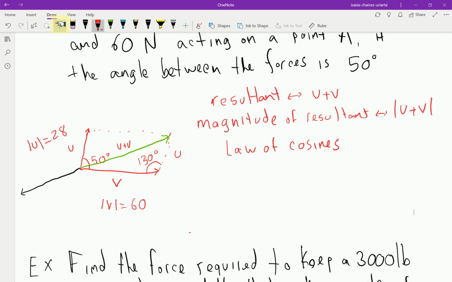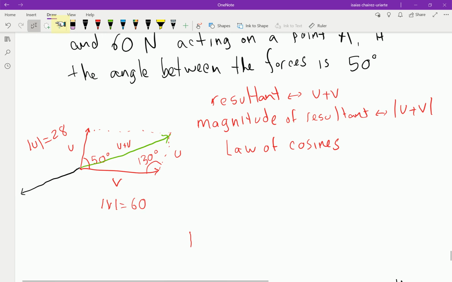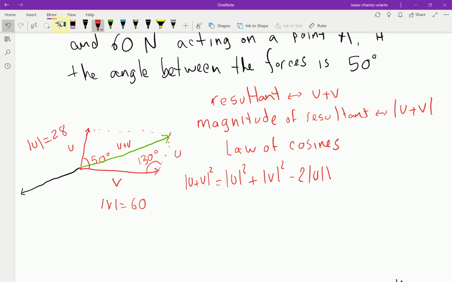So let's set that up. Let me just give myself a little bit of room here, sorry. Okay, so the law of cosines, according to this picture, says the following: that u plus v squared is equal to u squared plus v squared minus 2u times v cosine theta.